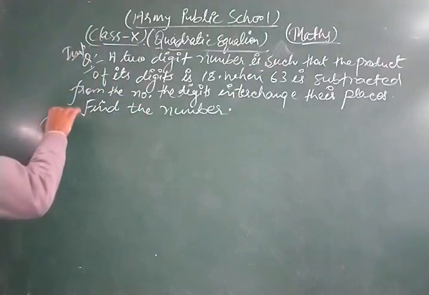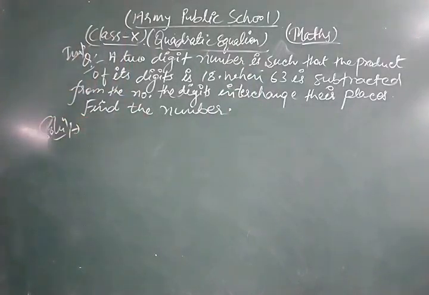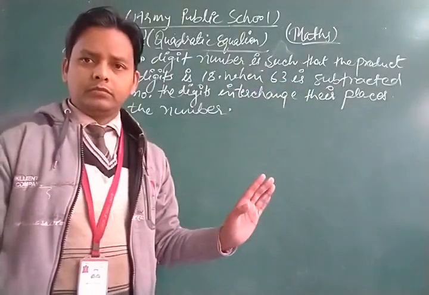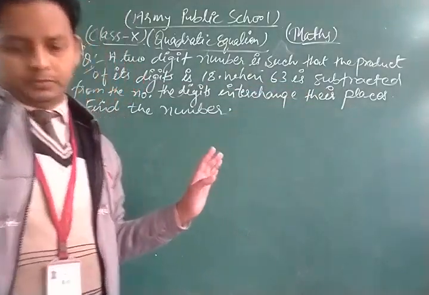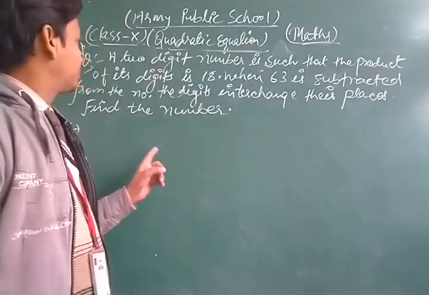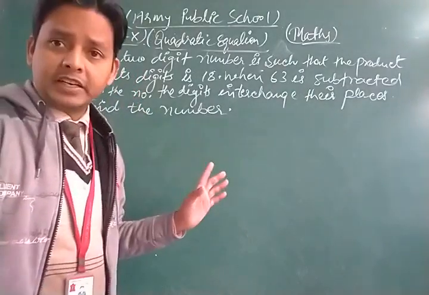Now let's see its solution. This is a very important question. Okay, so first of all, a two-digit number is such that the product of its digits is 18.